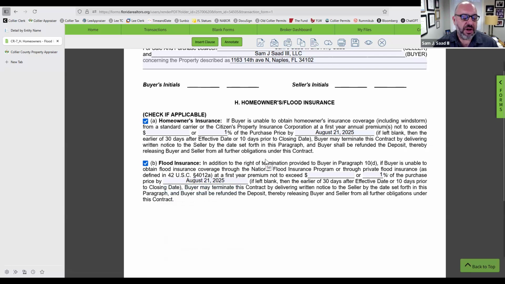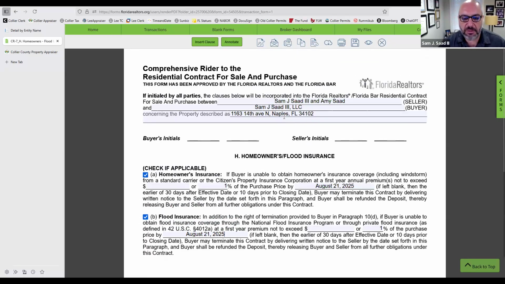I think this is a very important addendum right now, given the flood insurance and the homeowner insurance situation in our state. It's an unfortunate situation, but it is what it is. So I'm seeing this addendum used more, and I want you to understand it. Does everybody understand this addendum? Any questions about it?